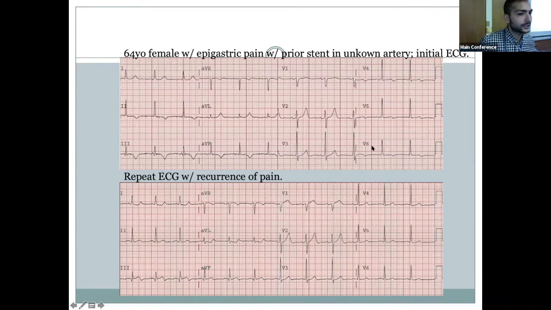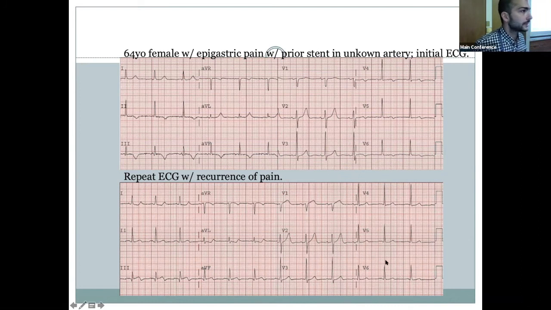Looking more closely, if you had the prior EKG with all these T wave inversions, then in V1 especially, this T wave is pretty tall, and it's taller than the T wave in V6. That too-tall T wave in V1 is also kind of a STEMI equivalent.